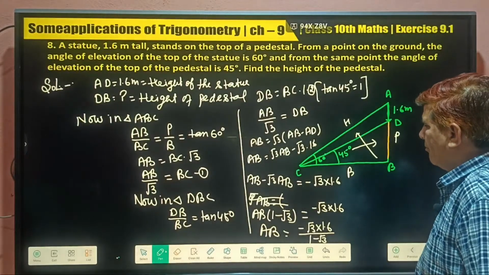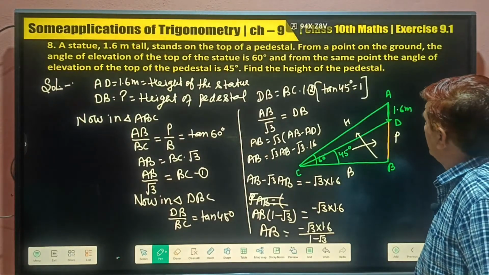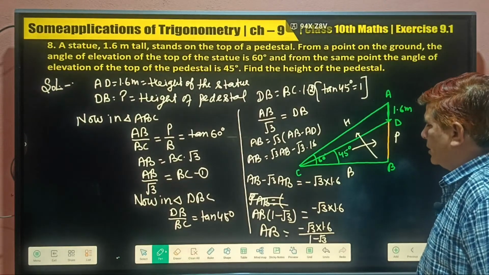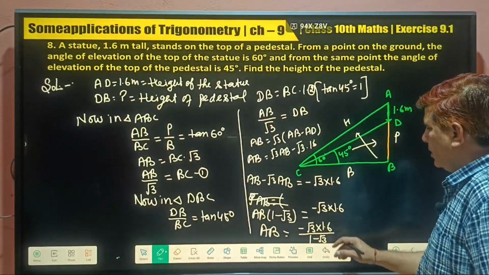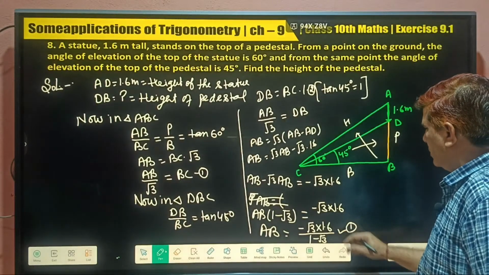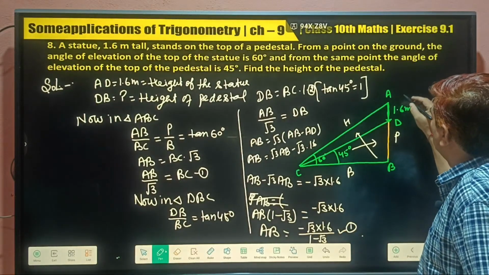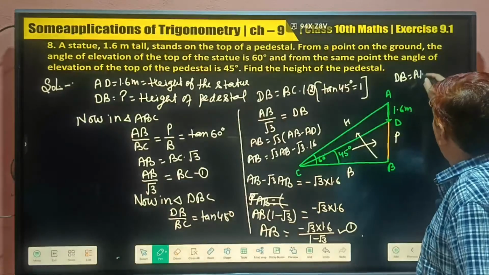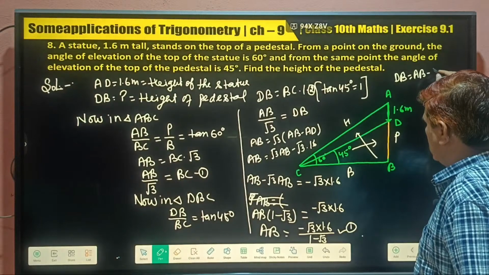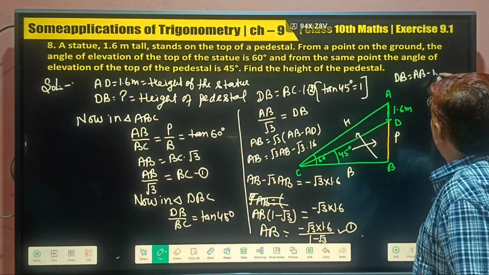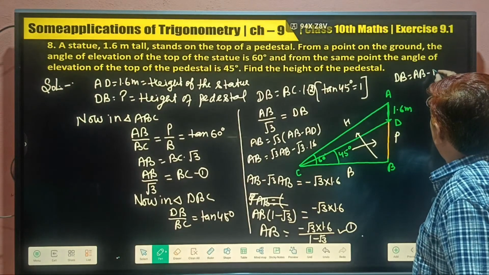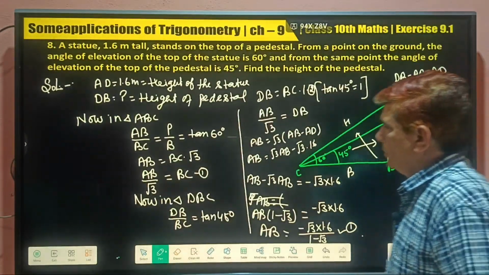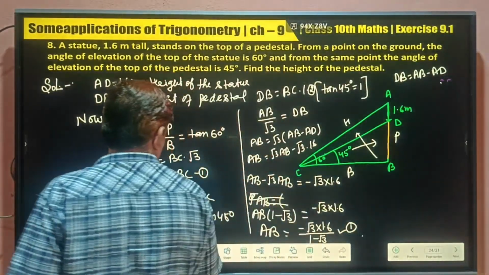Understood? So what is this? AB equal to this. And DB equal to AB minus AD. Yes or no?